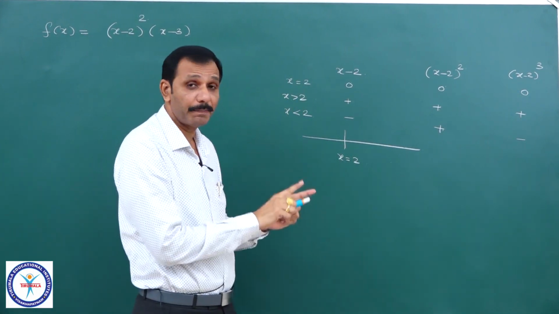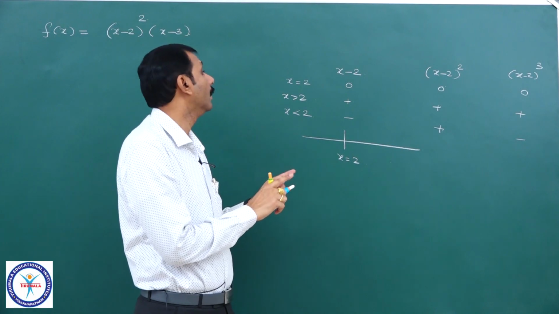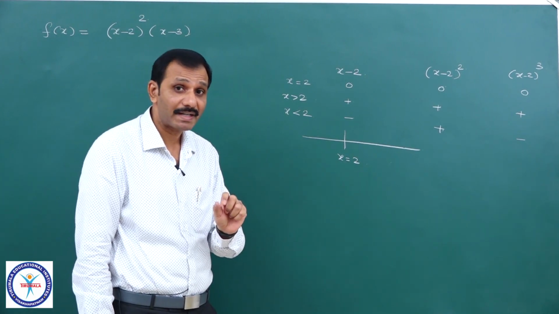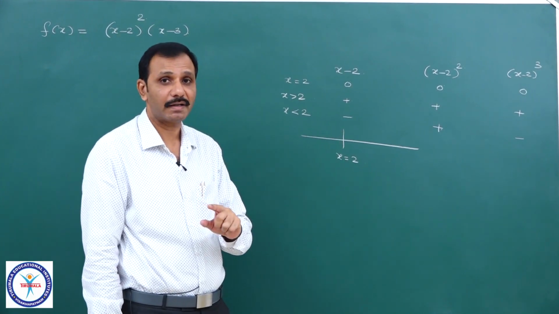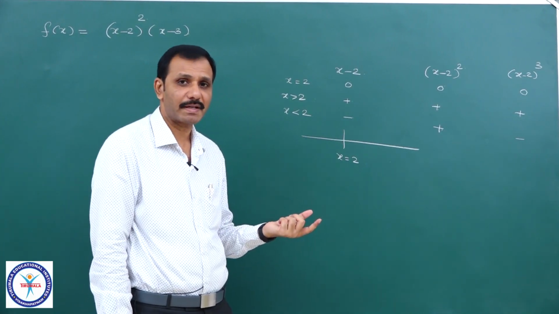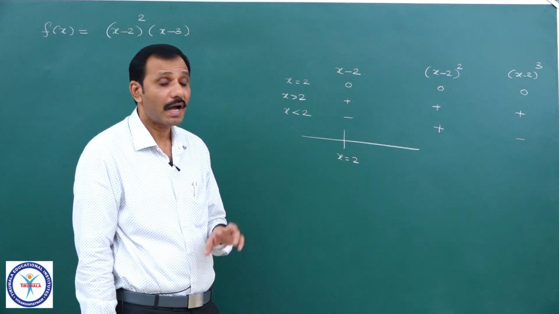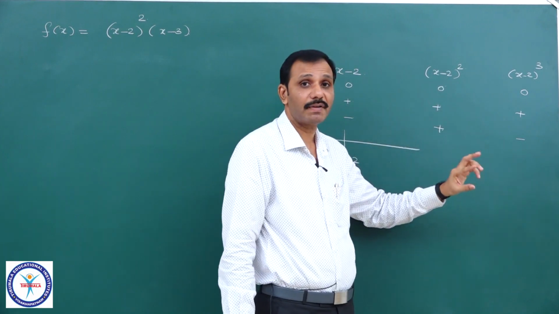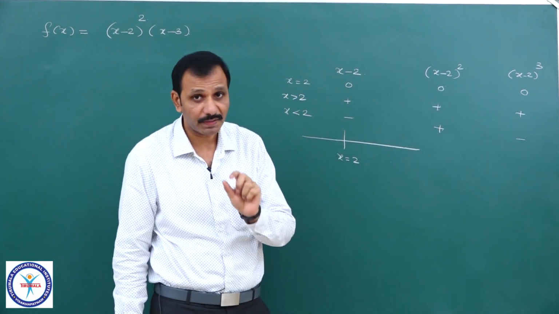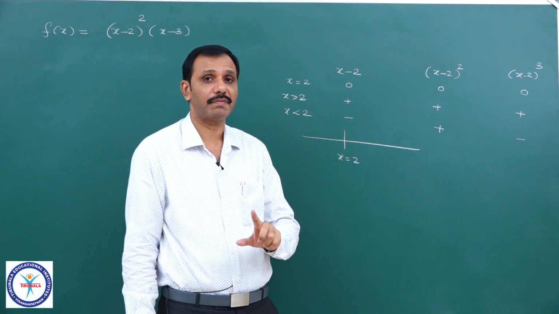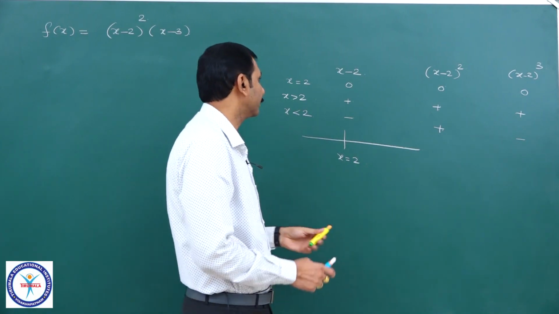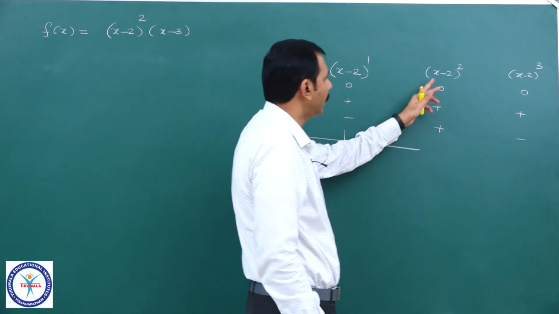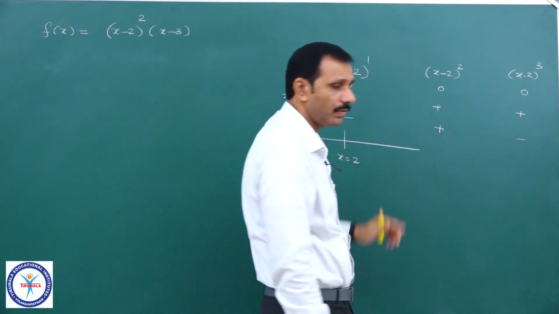This is the key point in the wavy curve method. All the time your powers of the expression need not be 1. Maybe higher powers, maybe 3, 4 and so on. Our discussion is when the power of any linear factor is even, what will happen, and when the power of that linear factor is odd, what will happen. You see this. So here in fact I can take 1, here it is even, here it is odd, here also it is odd.